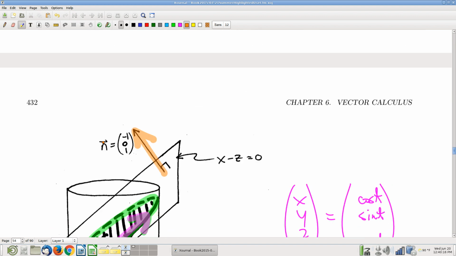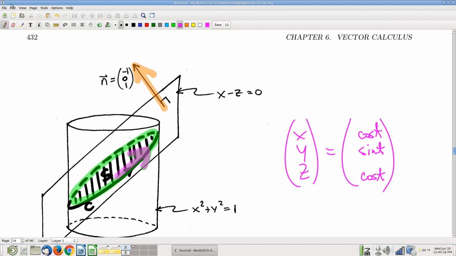Okay, so there's our oriented surface. By the way, there's a typo here. Let me just correct the typo. That's divided by the square root of 2. Notice that I got this from looking at the coordinates, the coefficients, of the equation of the plane. That tells me what the coordinates of the normal vector are. Now, you might say, well, what about the minus sign?